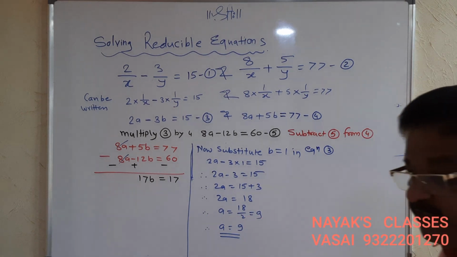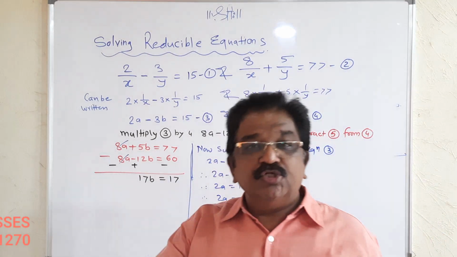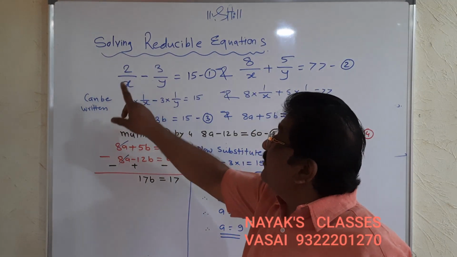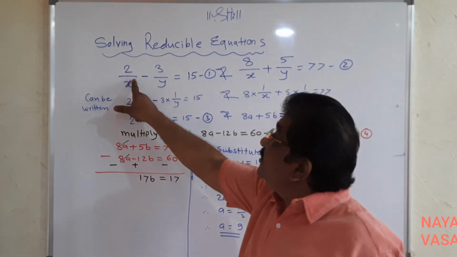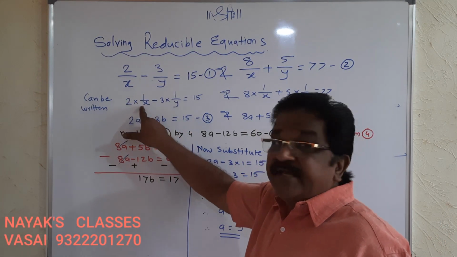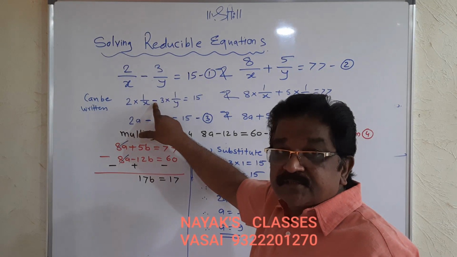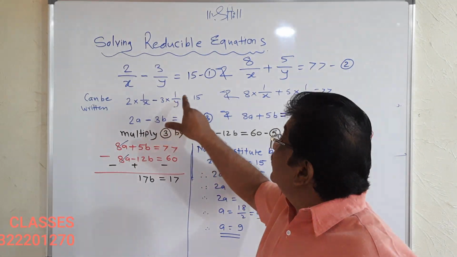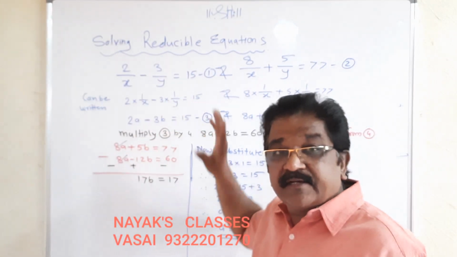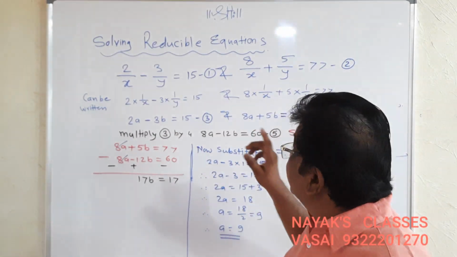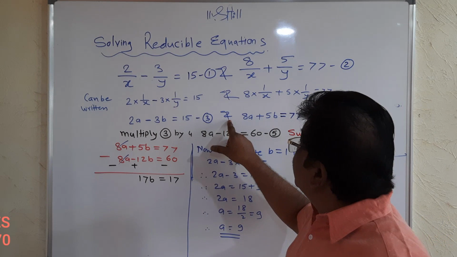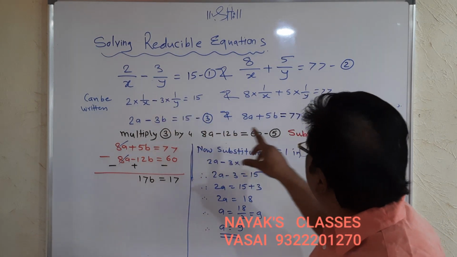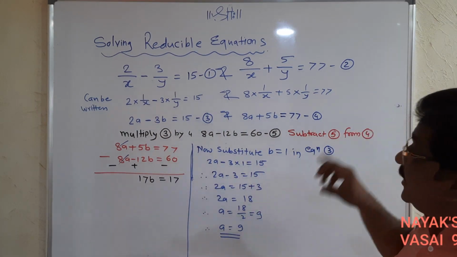Now we have to convert these equations into actual simultaneous equations. So these given equations can be written like this: 2 into 1 upon x minus 3 into 1 upon y is equal to 15. Correct? After that, instead of 1 upon x and 1 upon y, we are assuming a and b.